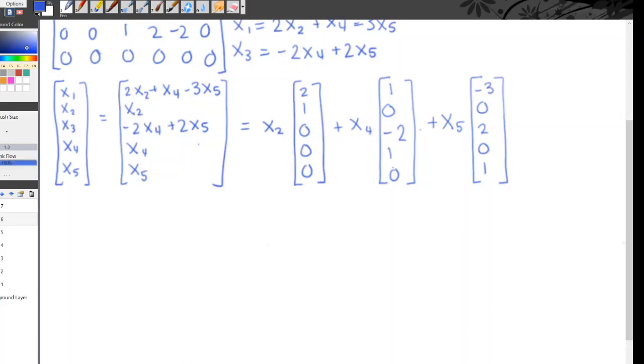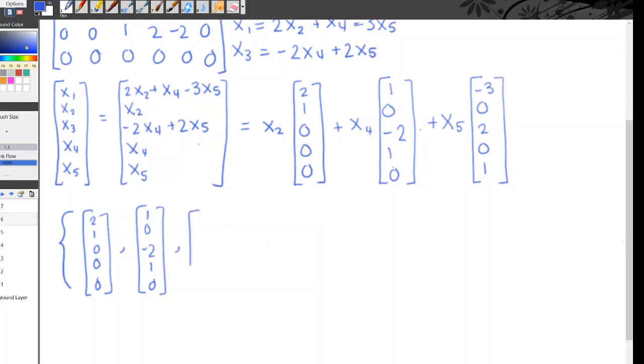So what we can say now is that these three vectors, 2, 1, 0, 0, 0, and 1, 0, negative 2, 1, 0, and negative 3, 0, 2, 0, 1.